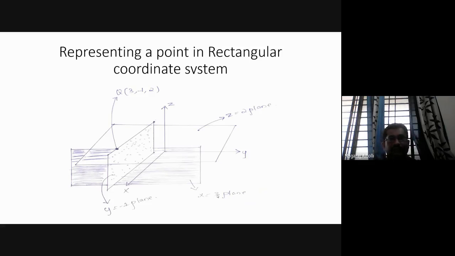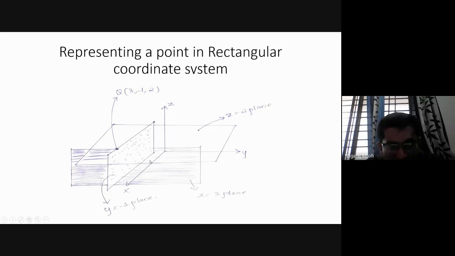Look here in this figure. So this is our x equal to 3 plane. I have taken x as 3 units. Okay, x equal to 3, parallel to the yz plane. Then y equal to -1, again parallel to the xz plane. This y equal to -1 is on the negative y axis.